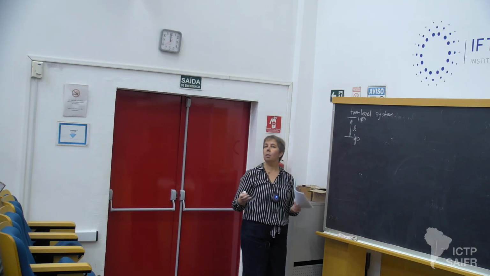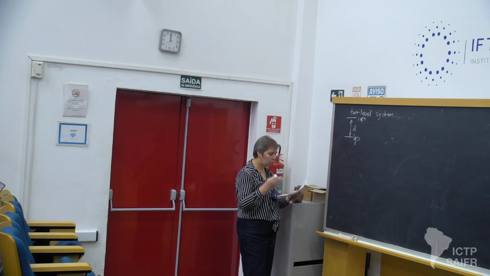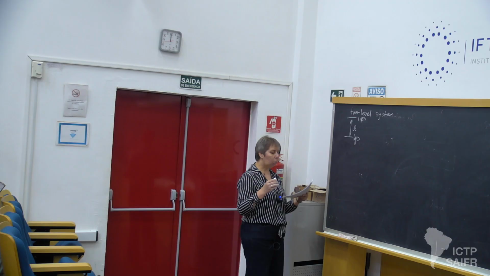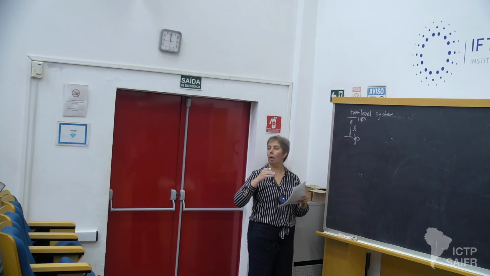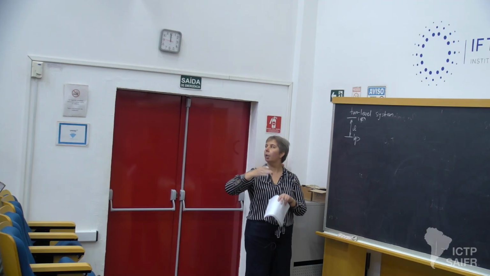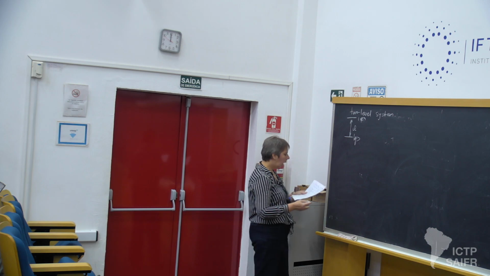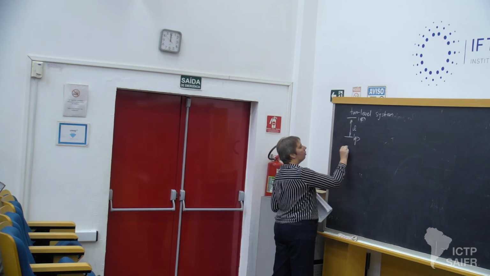So in reality, we usually try to use some system where we can create a photonic link between the long-lived states. And for that, we often use a three-level system.